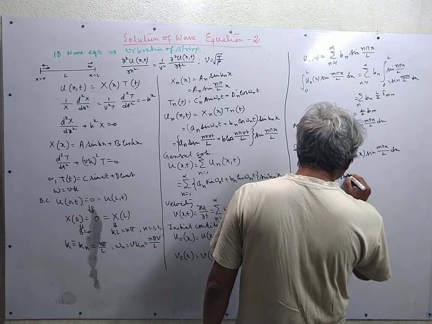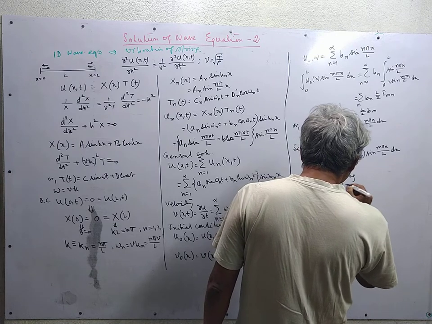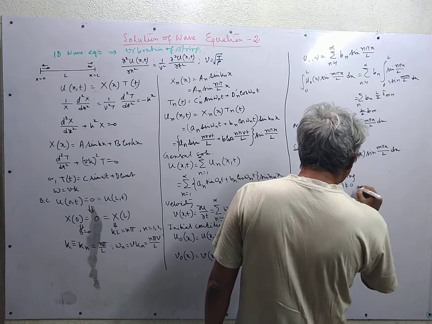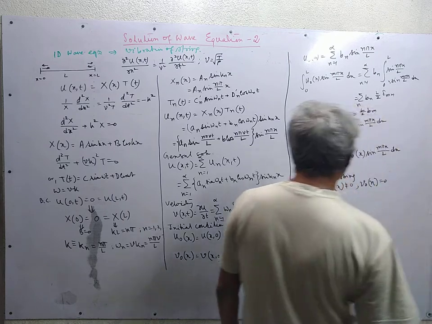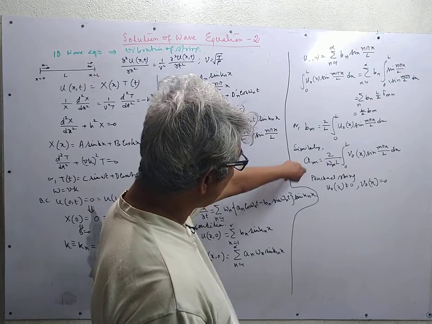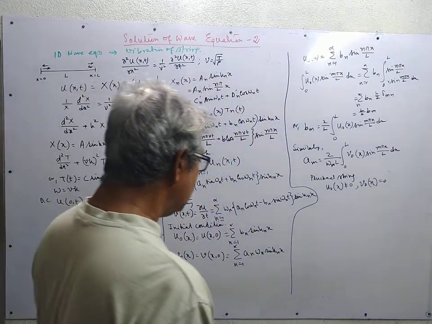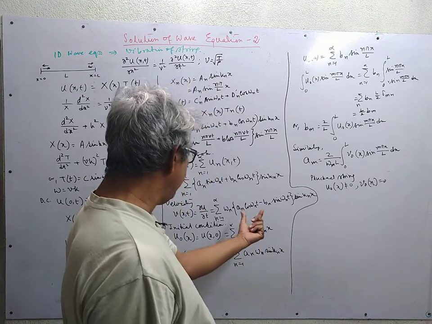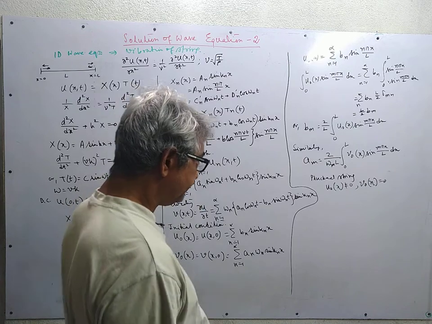For plucked string case, u0 of x is not equal to 0, but v0 of x is equal to 0. Since v0 of x is 0, am would be 0, but bm would be non-zero, and consequently this term will not be there.